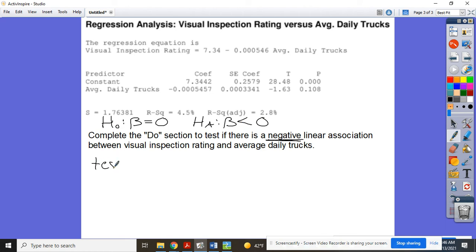So in my test statistic, I'm going to write my generic: B minus beta divided by standard error of B. I know that this is going to equal what? And I can fill in those numbers because I'm actually given all of them.